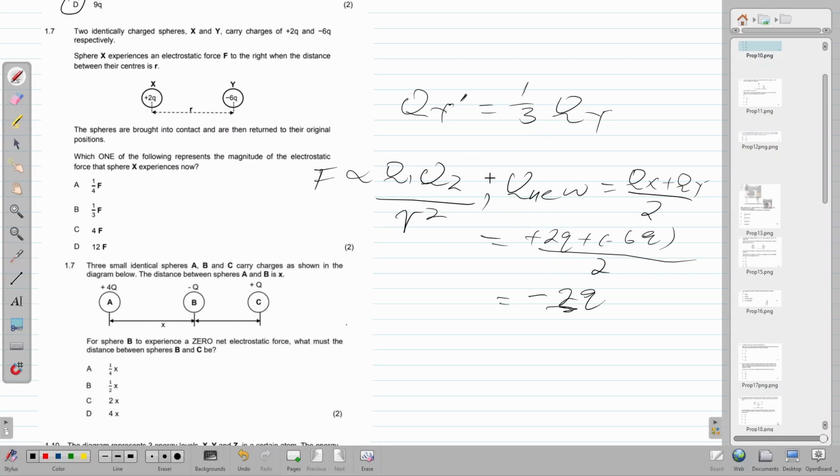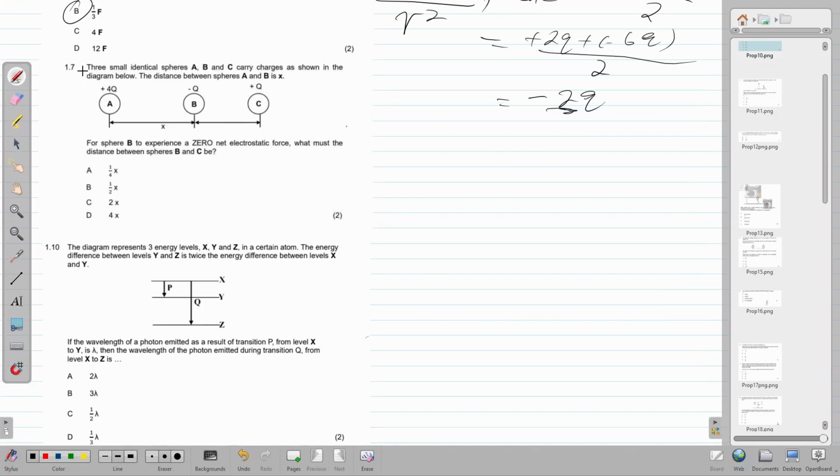From 6 to 2, you multiply by 1 over 3, and the force is directly proportional to the product of the magnitudes of the charges. So if I reduce this charge by a third, then the force will reduce by a third. So the answer here is B.